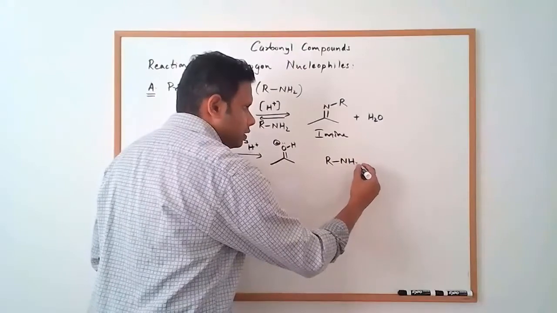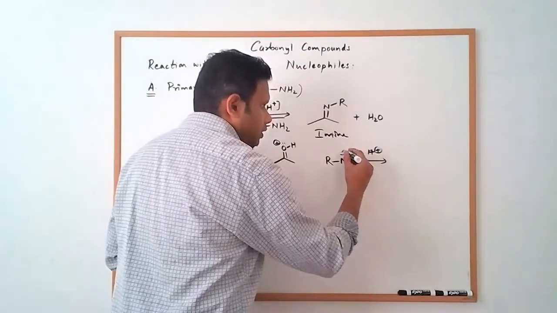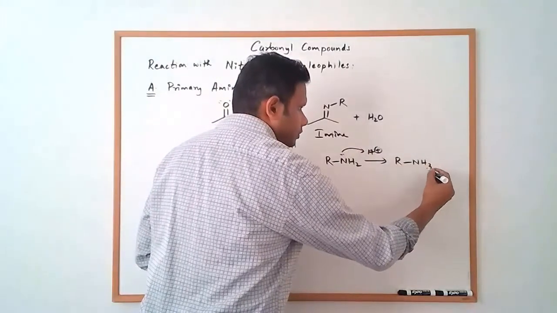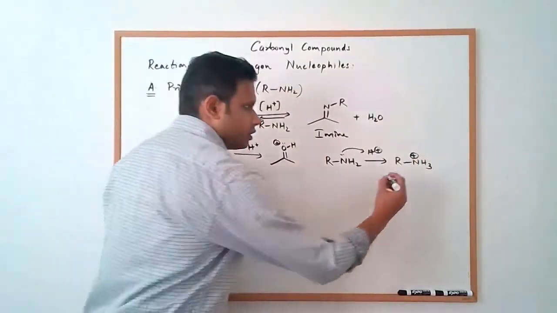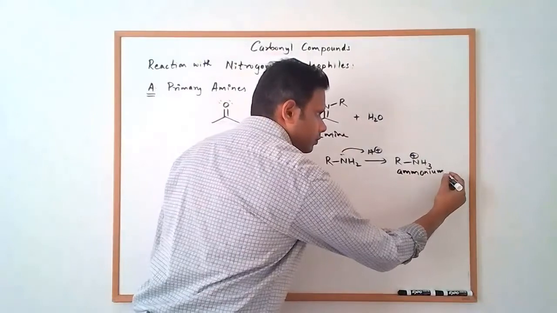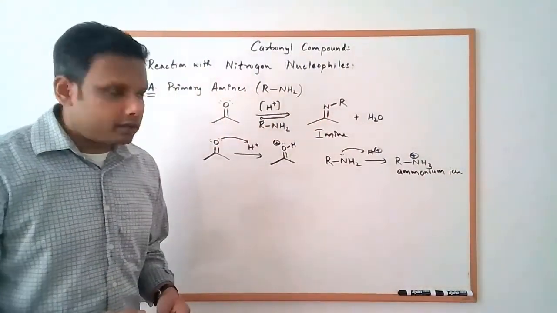So the amine can also get protonated under these conditions to give us the ammonium ion.